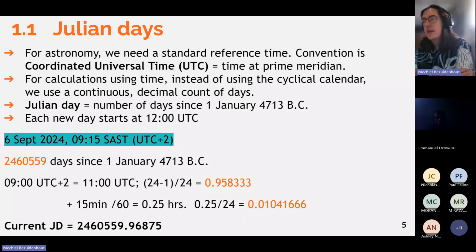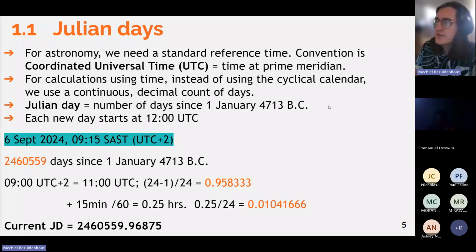If we want to do calculations with time, the cyclical calendar is often a detriment to that. So instead of using the calendar, we use a continuous decimal count of days. So we have defined something called the Julian day, which is the number of days that have passed since 1 January 4713 BC.